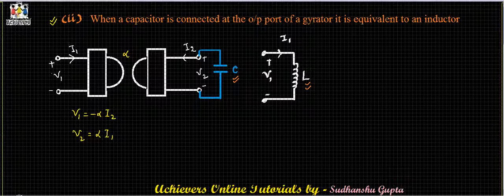For this capacitor, if the direction of current is this and suppose the value is I2 dash, then we can write I2 dash is equal to C dV2 upon dt, and since I2 dash is equal to minus I2, we can write I2 is equal to minus C dV2 upon dt.